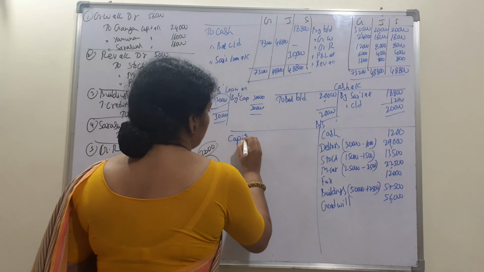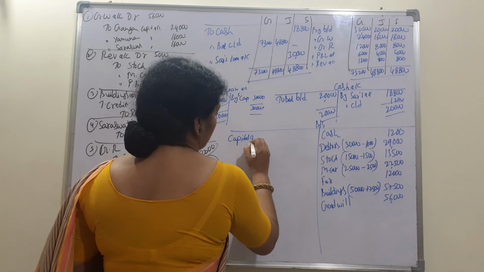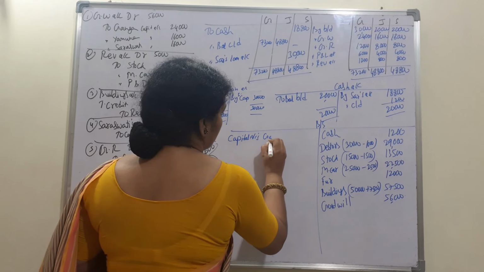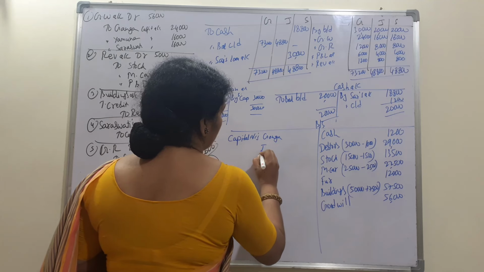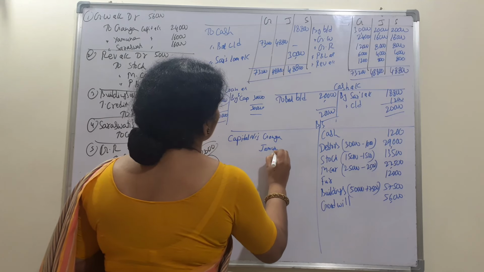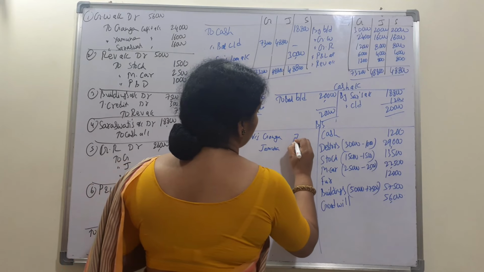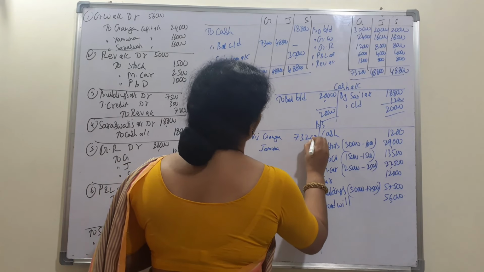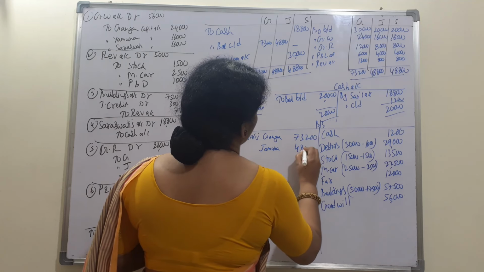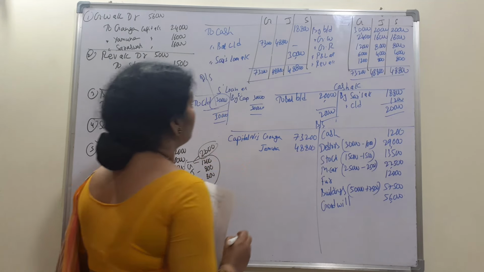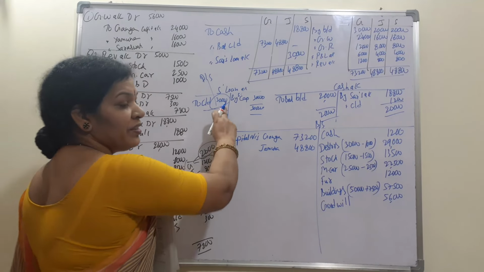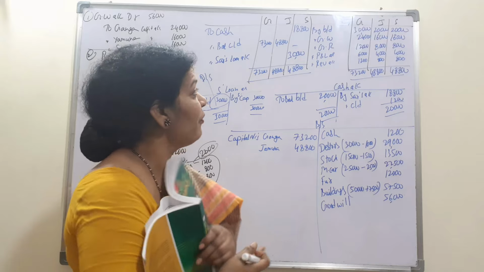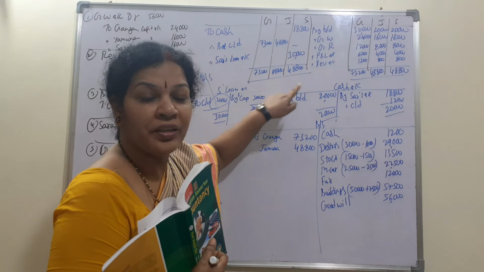Capital accounts. Ganga and Jamuna, 73,200 and 48,800. And loan is there, Saraswati's loan. In fact, total 48,800.